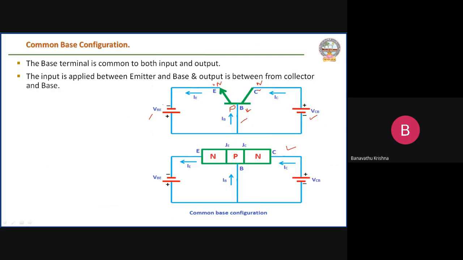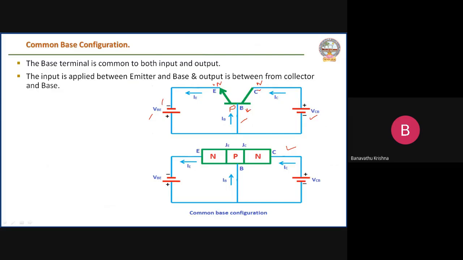For that, we inject a negative potential here. And here the base is a P-type layer. It has more positive charge. For that, we connect a positive potential here. Then the emitter base junction is in forward bias condition.